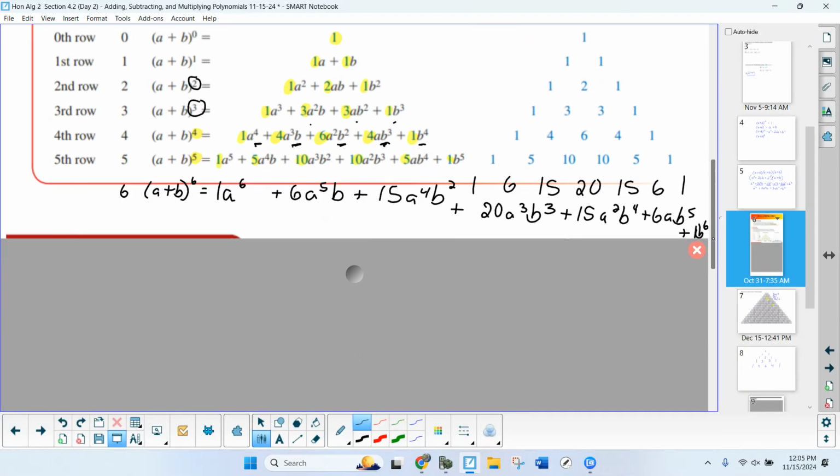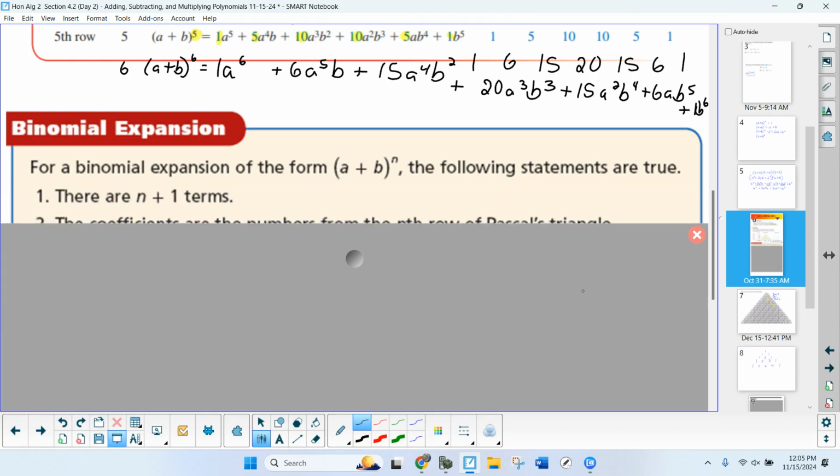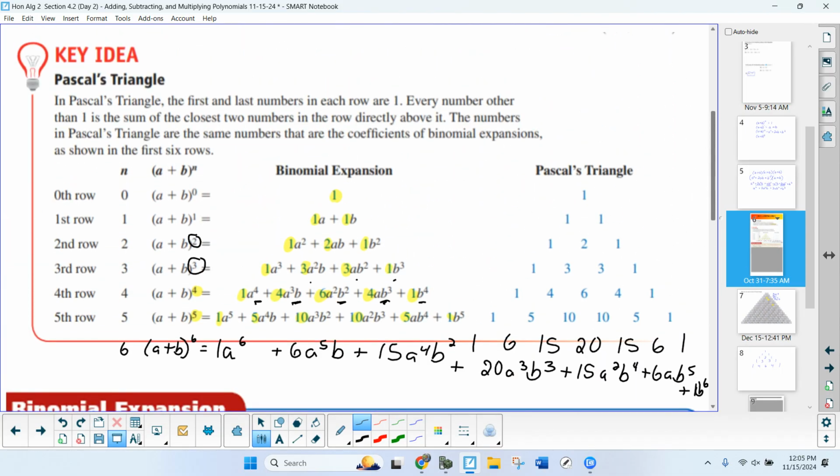So what are some things that happen with binomial expansion? It can only work if you have a binomial. Binomials, how many terms? 2. So if you have a binomial raised to whatever power, there are always n plus 1 terms. For example, if I raised it to the second power, how many terms did I have? 3.